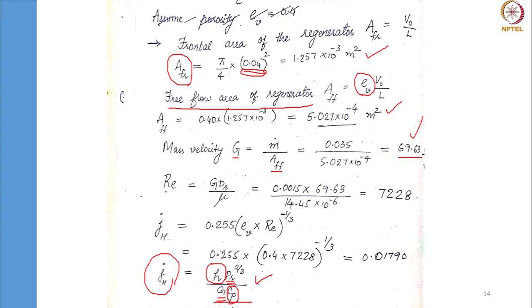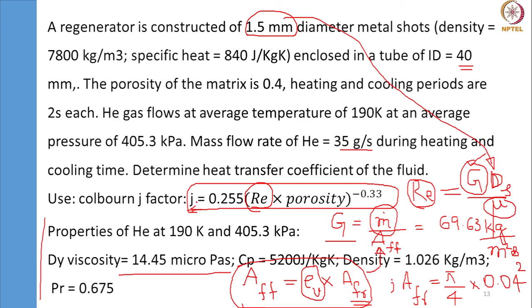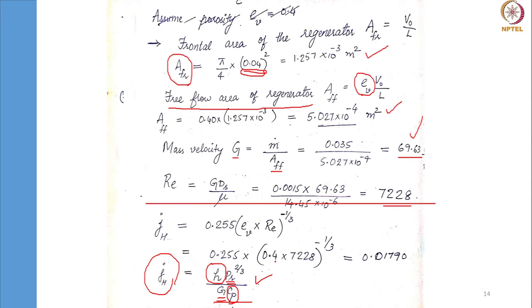After finding the mass velocity, we plug that value into the Reynolds number to get a value of 7228. Then we go back to the correlation given in terms of the Colburn J factor. Once we plug in the Reynolds number, knowing the porosity, we get the Colburn J factor as 0.01790.